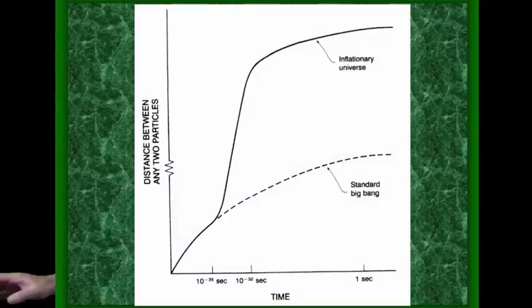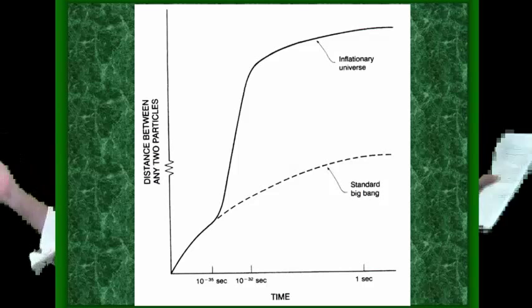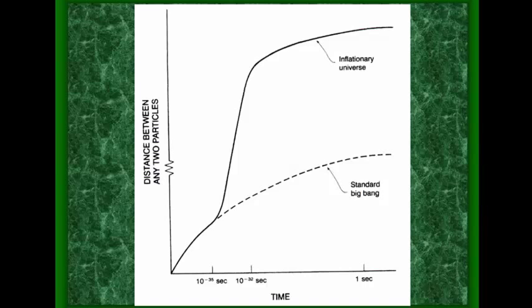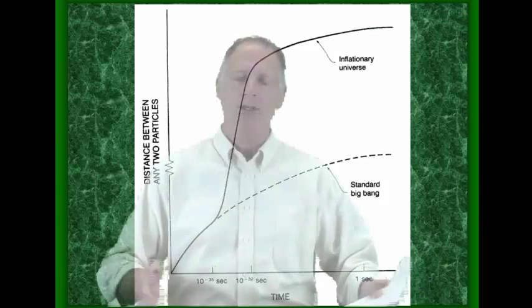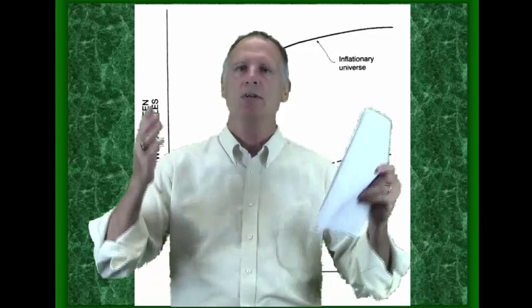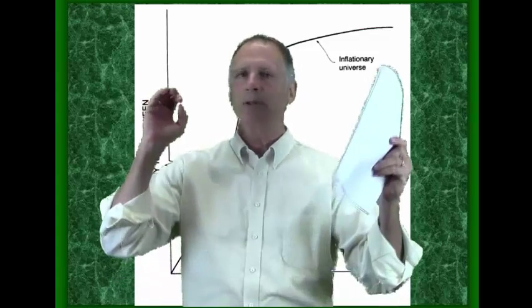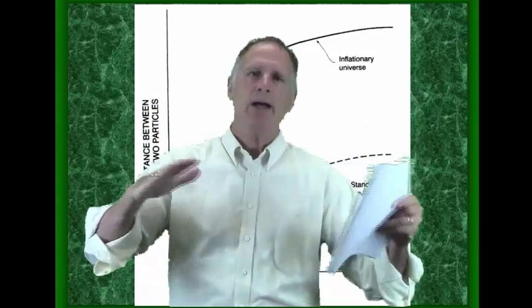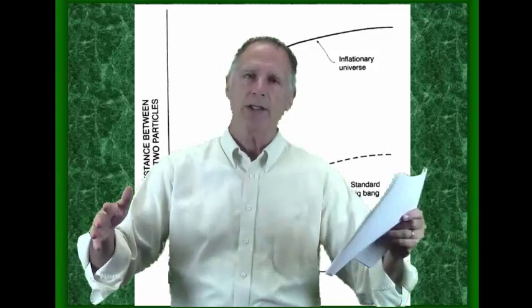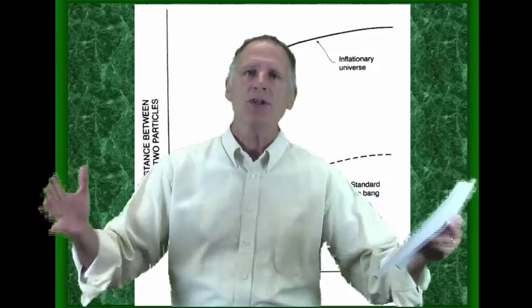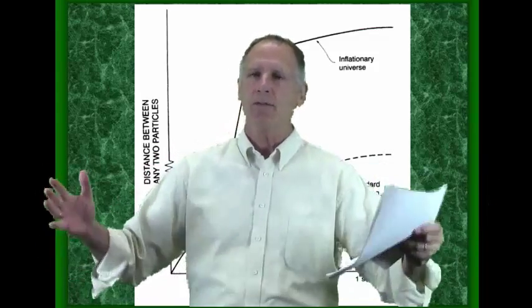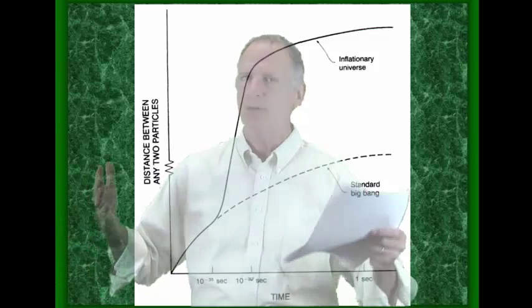If we take a look at this graph, it'll give you just some idea of how much. I mean, basically, inflation created the huge universe that we see. Remember, it's 93 billion light years across the visible universe, so this is an immense universe. We're expanding today, we're not inflating today, but most of the size of the universe was generated very early on in the Big Bang during this inflation.